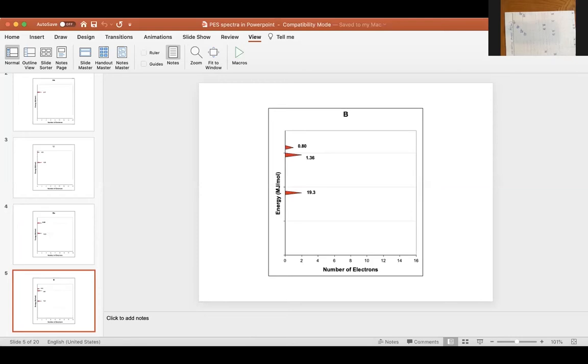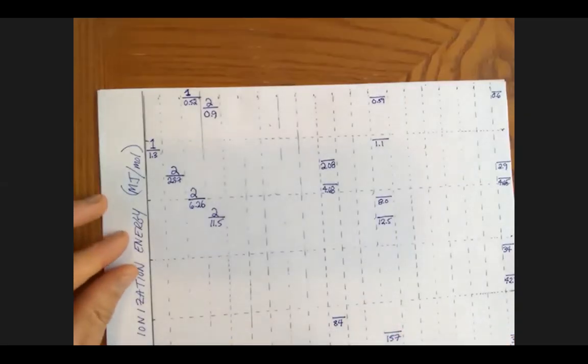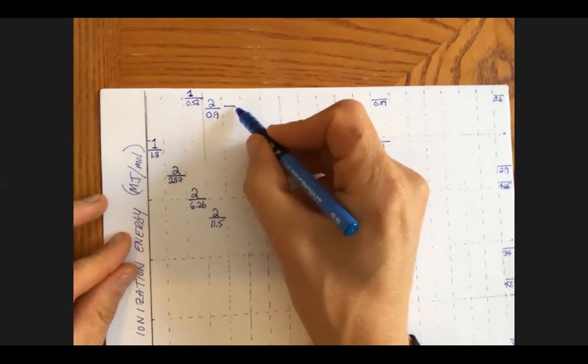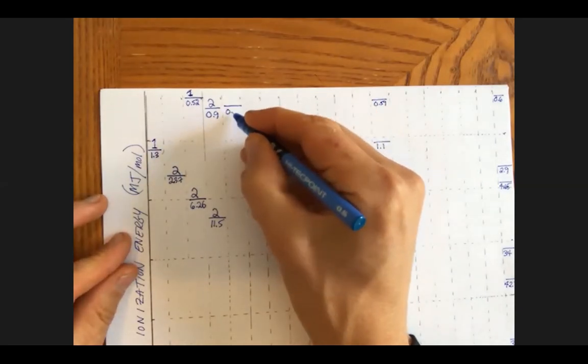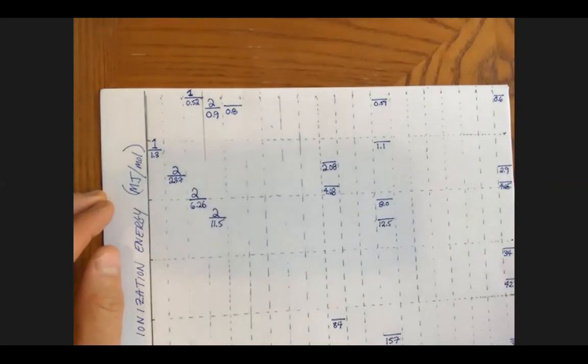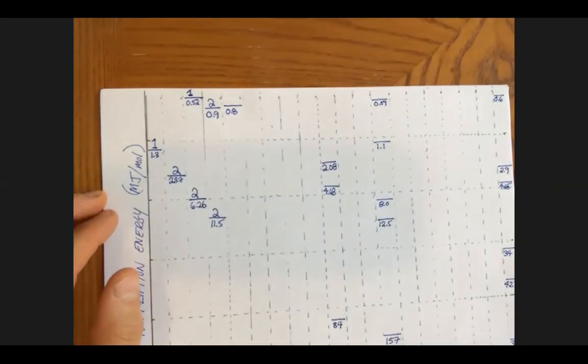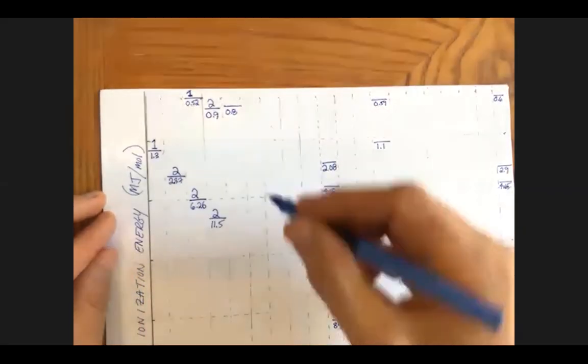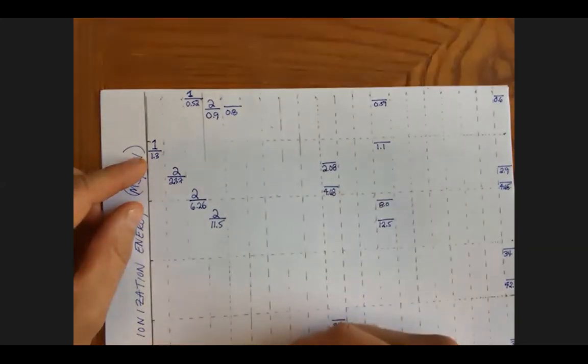So 0.8 has got to be right around here or so. What were the other 2 numbers we needed? They were 1.36 and 19.3. Yep. So we're on boron.